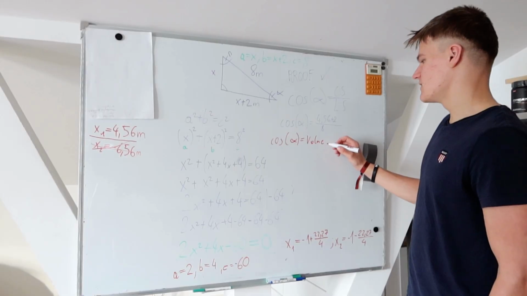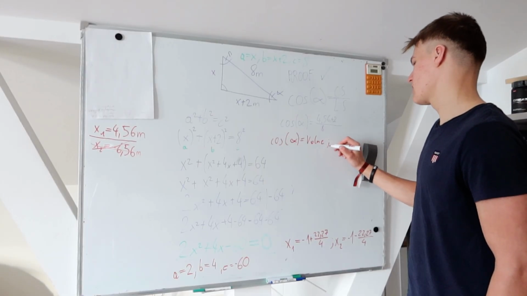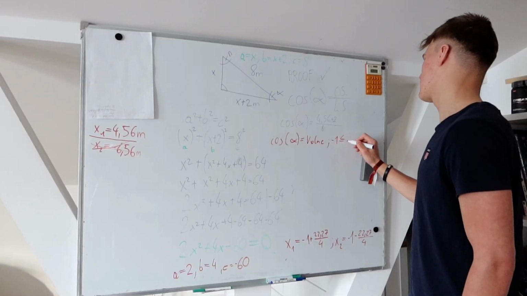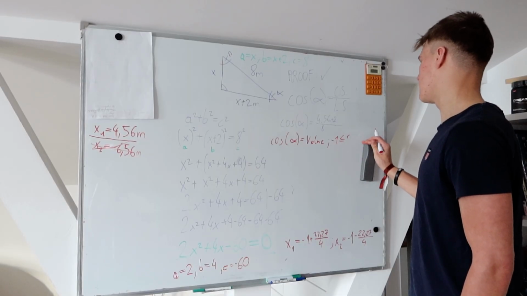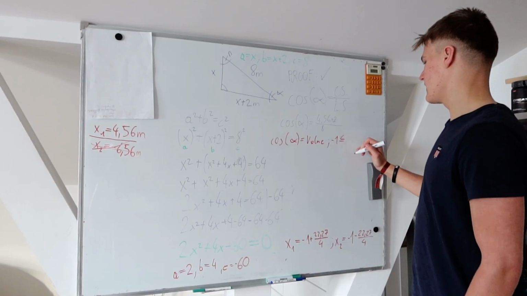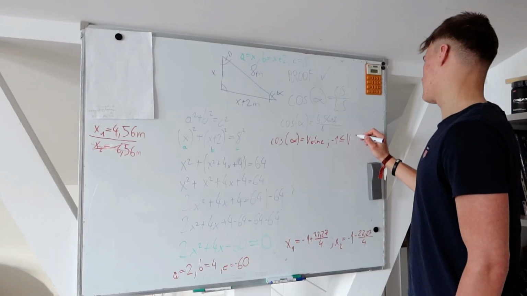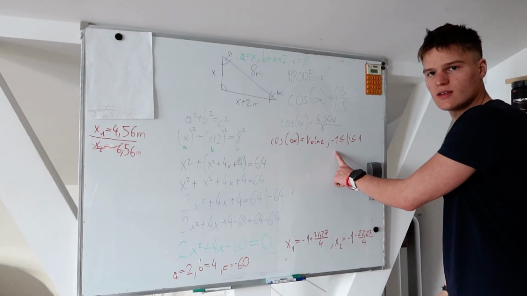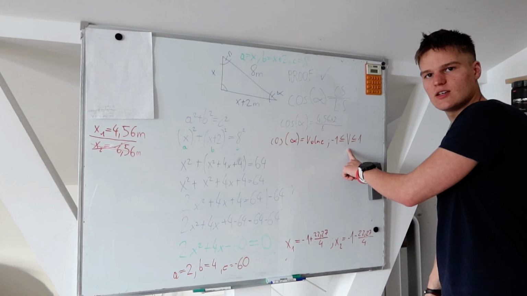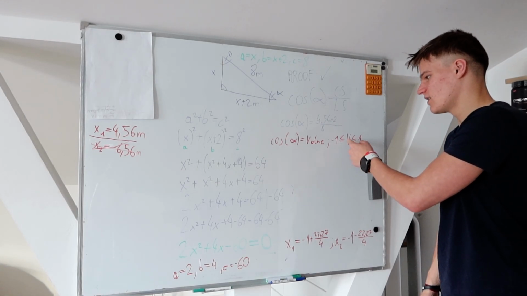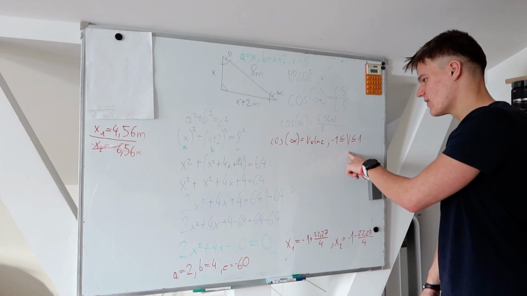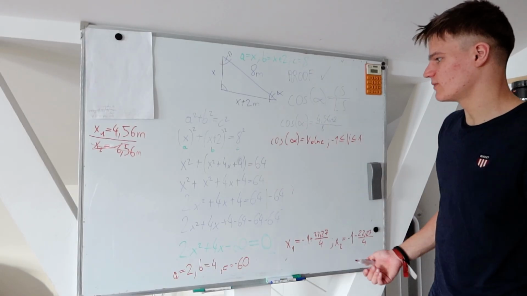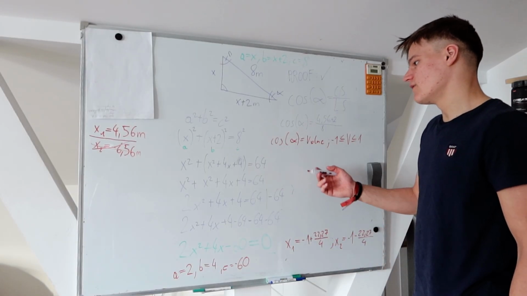Value is between -1 and 1. So we have -1 can be as equally big or bigger than the value, and then 1 the same. So basically from -1 to 1 we can have the value of cosine of alpha.